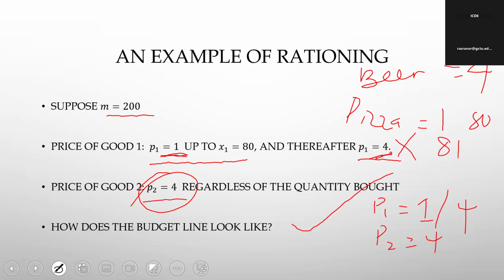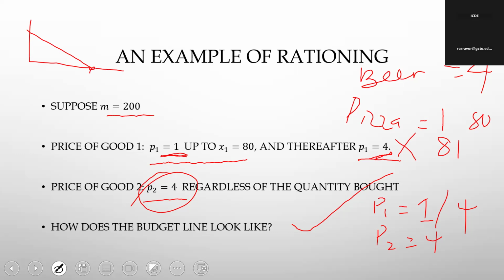I go to the shop and I tell them, okay, I don't want any beer, which is my P2. I want to spend all my money on pizza. So whenever you see a graph like this, let me explain.